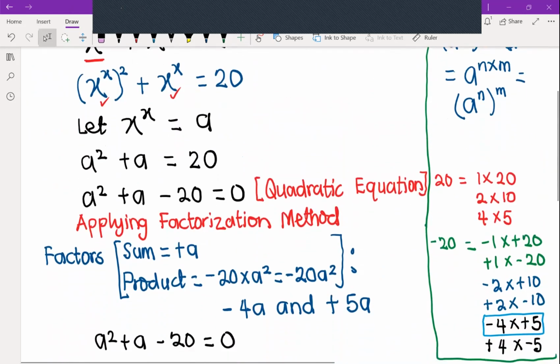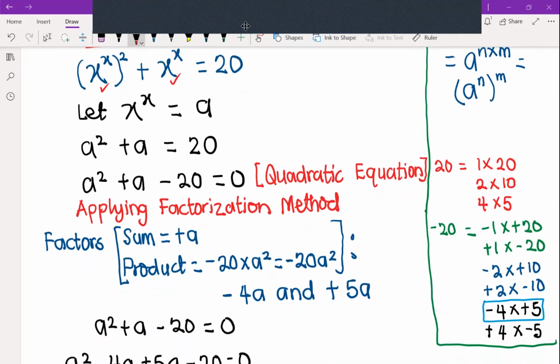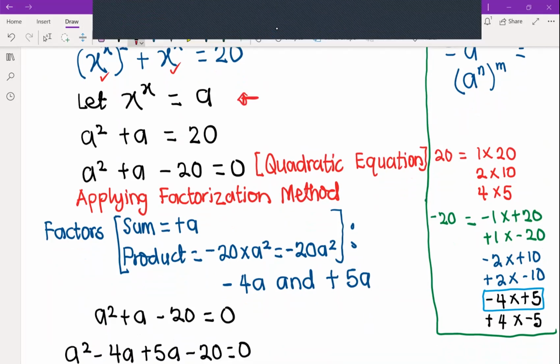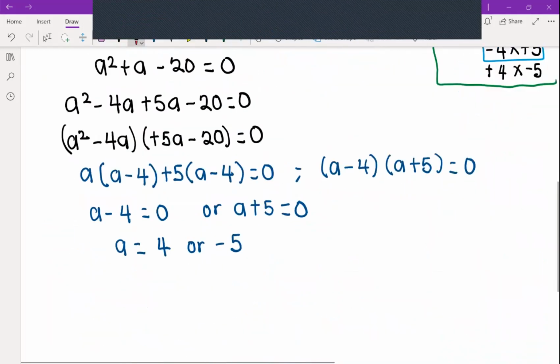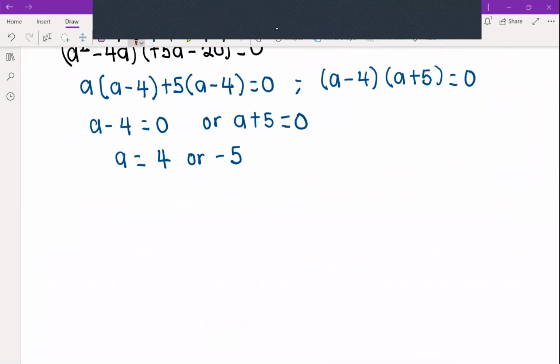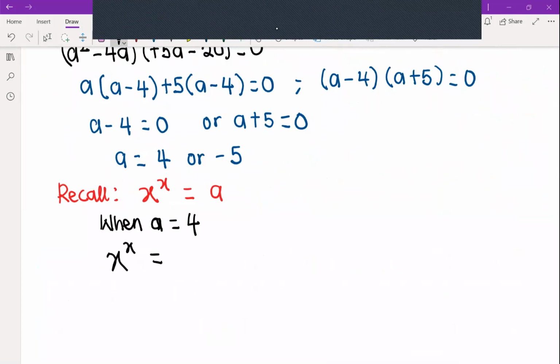I've gotten the value of a, but I was told to look for the value of x. So I'm going to recall where I got my a from. Recall that x raised to power x equals a. So when a equals 4, I have x raised to power x equals 4.